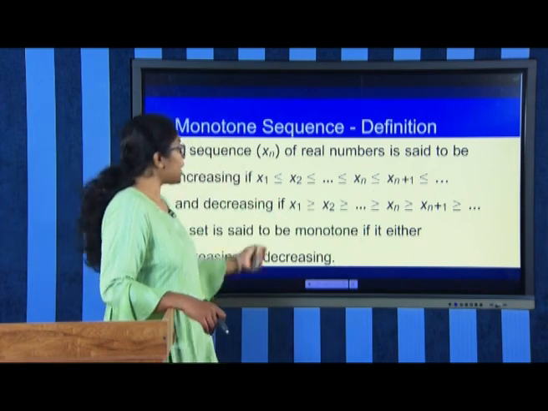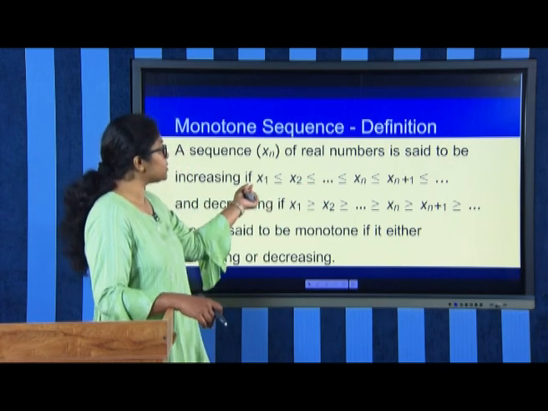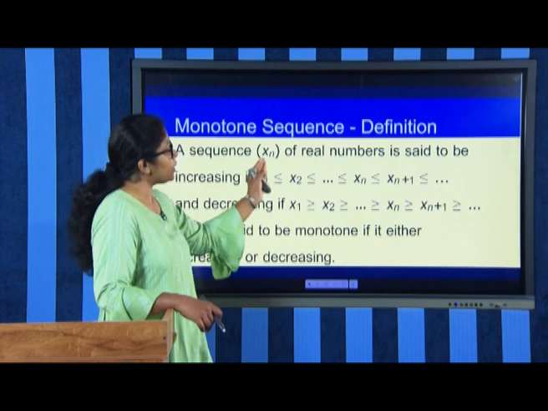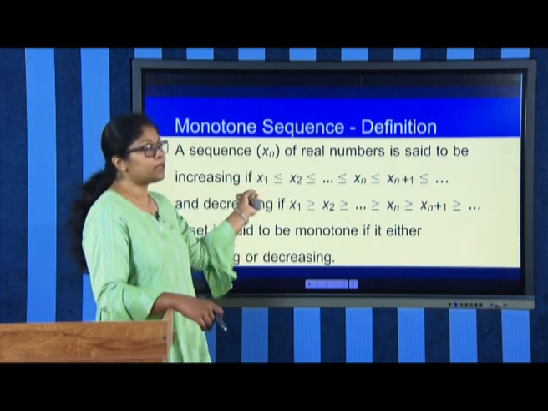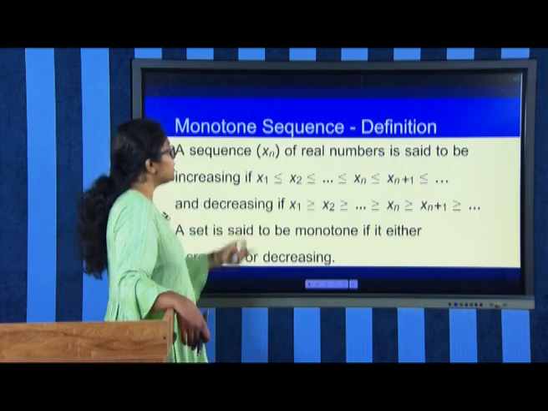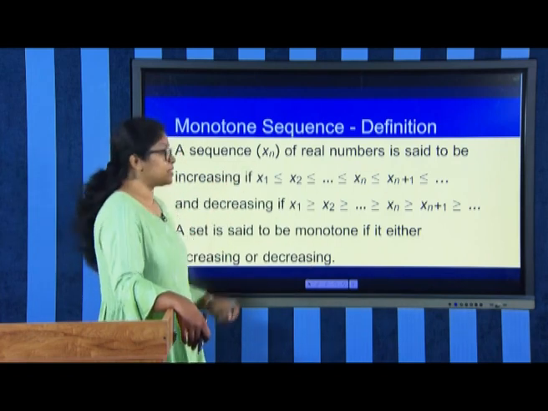The least element in the sequence is definitely x1, and as n increases, the terms of the sequence also increase. That is why the sequence is said to be an increasing sequence.